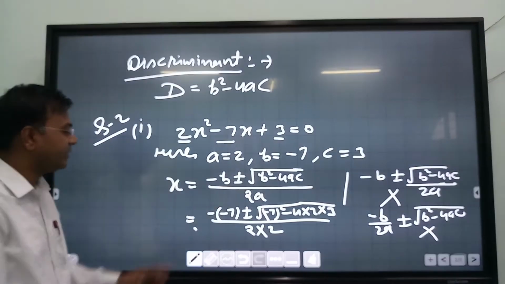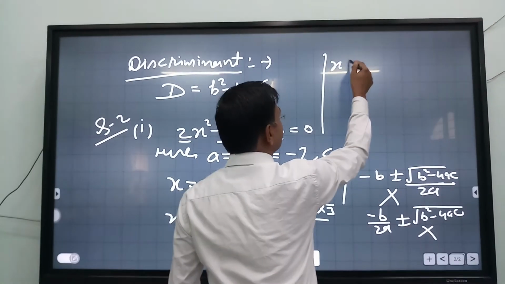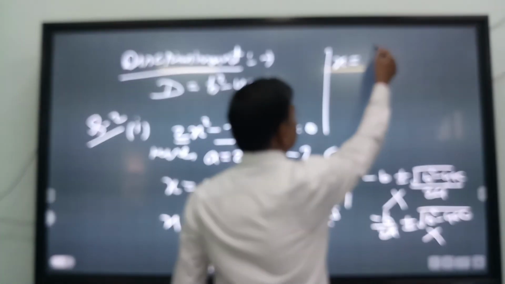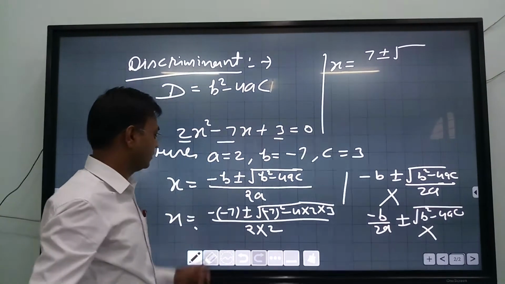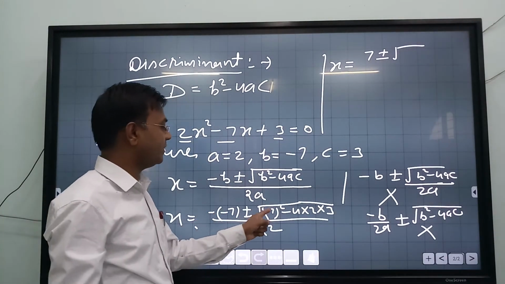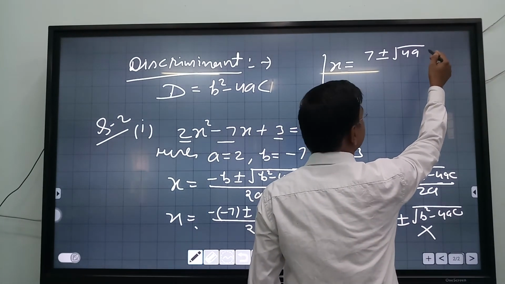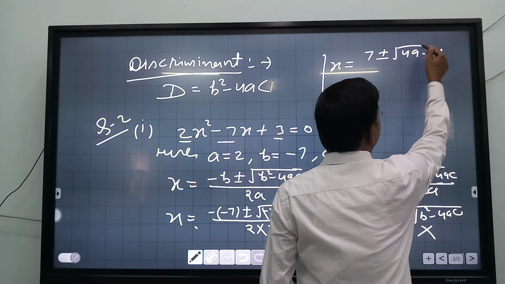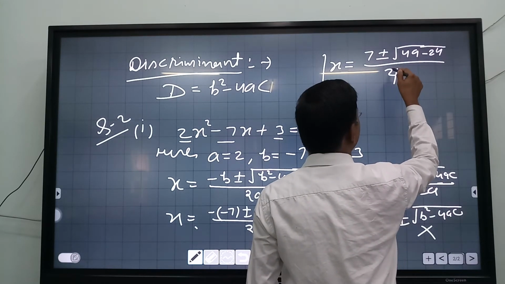So we just need to simplify this and we'll get the answer. Let us solve. x equals 7 plus minus under root, minus minus plus 7, plus minus 7 square, 49 minus 24, divided by 2 into 2, which is 4.